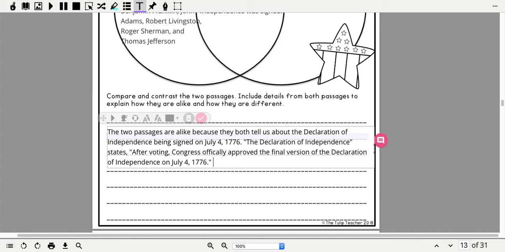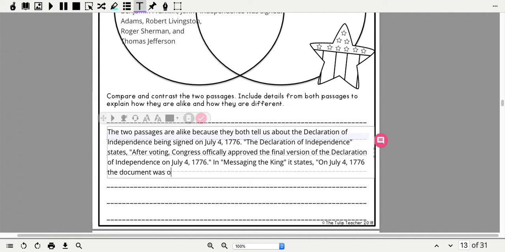Okay, and then we did one. Now we have to do the other. I have to put this in quotation marks because it's the name of it, "Messaging the King." It states, "On July 4th, 1776, the document was officially signed."